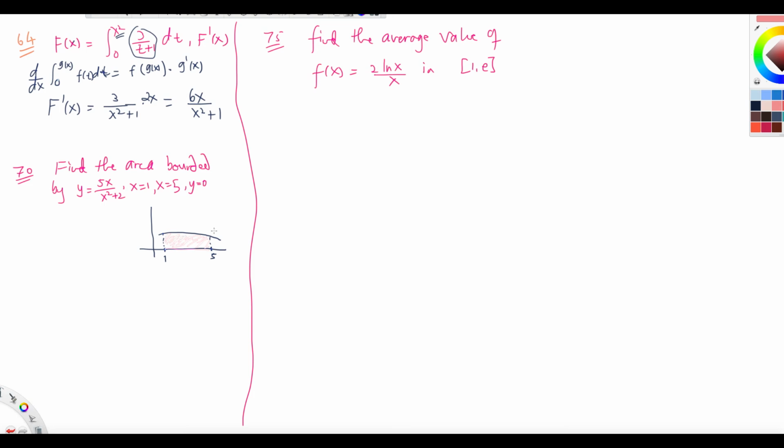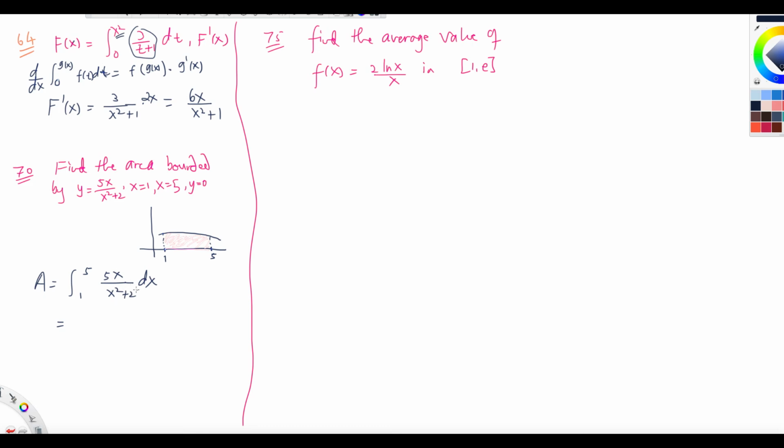To find the area, basically it is the definite integral. So the area equals the integral from 1 to 5 of 5x over x squared plus 2 dx. This is basically the application, right? So how do I find this integral?